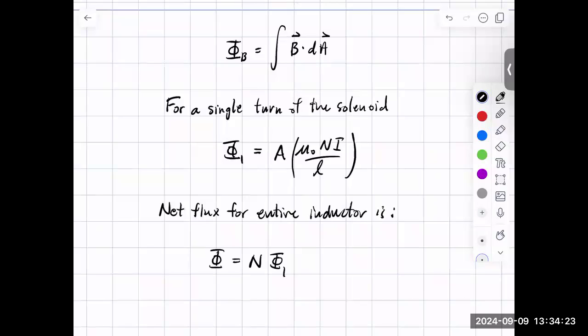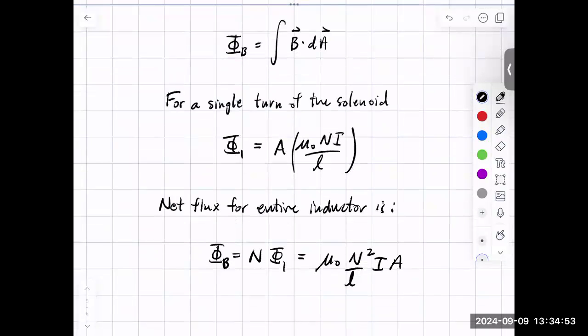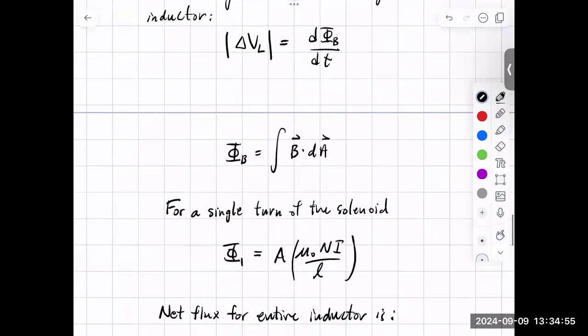We're just going to multiply this whole thing by n, and so we're just going to get an n squared here. Everything else stays the same. So it would be mu naught n squared divided by L, and then we have an I and an A. Fair enough, that's the flux. I'll put a B here just to make it consistent with our notation.